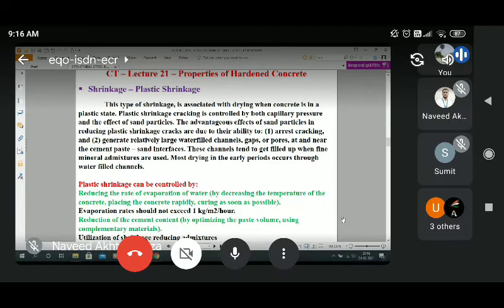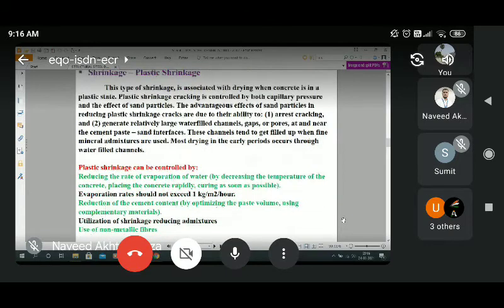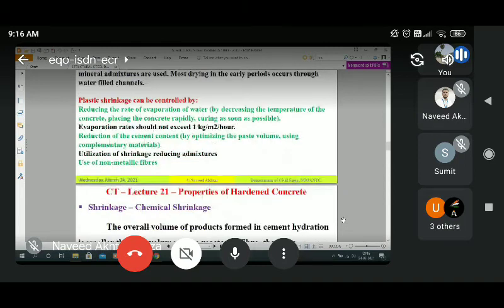Reduction of cement content by optimizing the paste volume using complementary cementitious material will reduce the shrinkage.